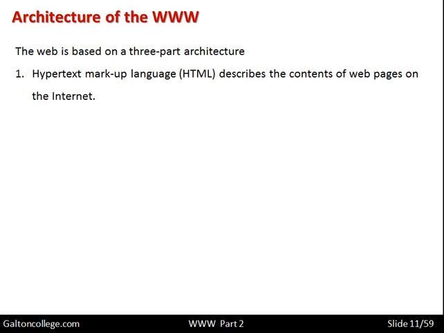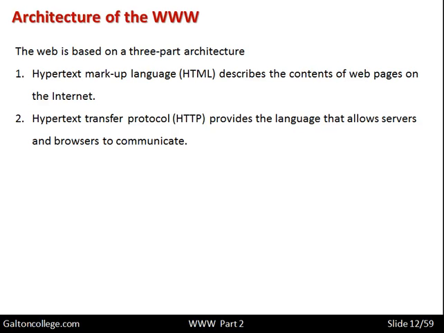It describes the contents of the web pages on the internet. So the HTML sets out the page. It defines the page. It's got a header and a body. It's also got other parts, but essentially it's got a header and a body, and the body contains the information that the site wishes to be made public.